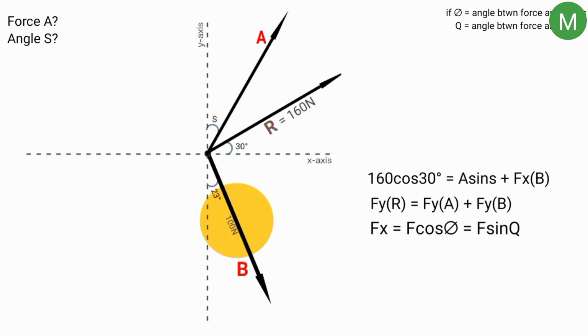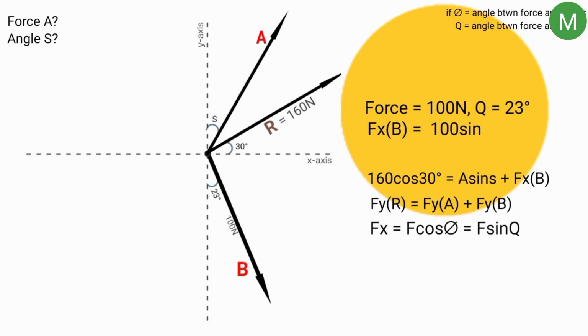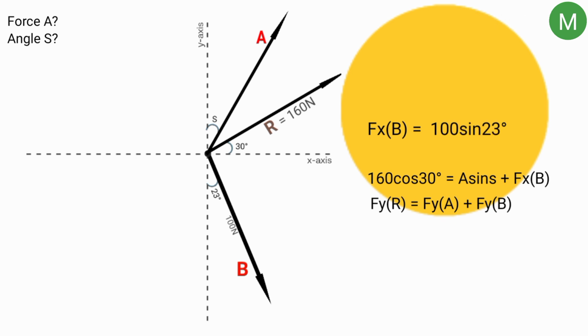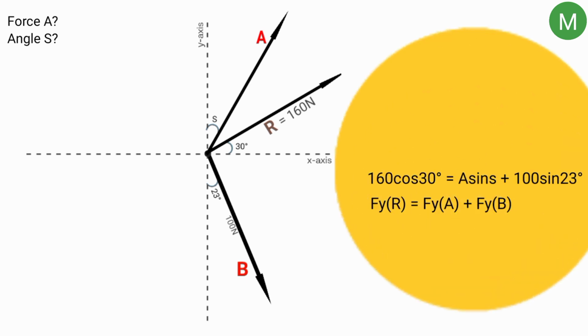Now here, force B, this angle here, 23 degrees, is the angle force B makes with the y-axis, and hence the x component of force B is 100 sine 23 degrees. So if we substitute here now, 160 cos 30 degrees equals A sine S plus 100 sine 23 degrees.